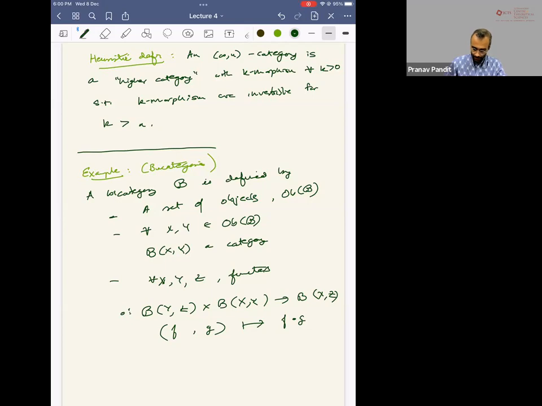Maybe I should call it some capital. It's a good notation here, maybe. Sure, I think this is fine.